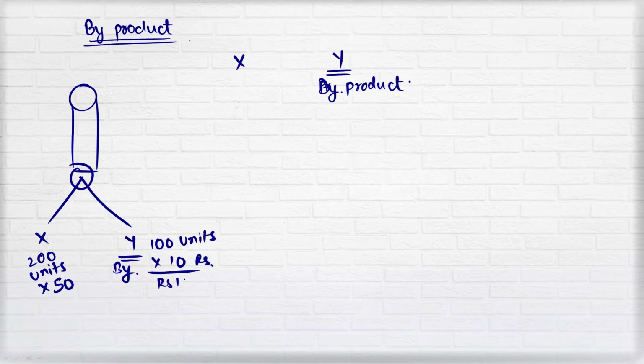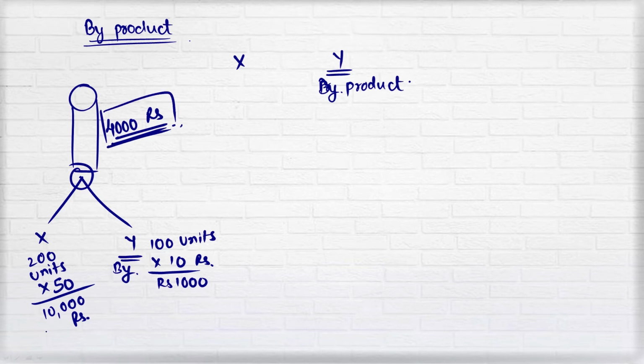So X is 10,000 rupees and Y is 1,000 rupees. Total joint cost was 4,000 rupees. All right. It includes raw material cost, and total cost was 4,000 rupees.